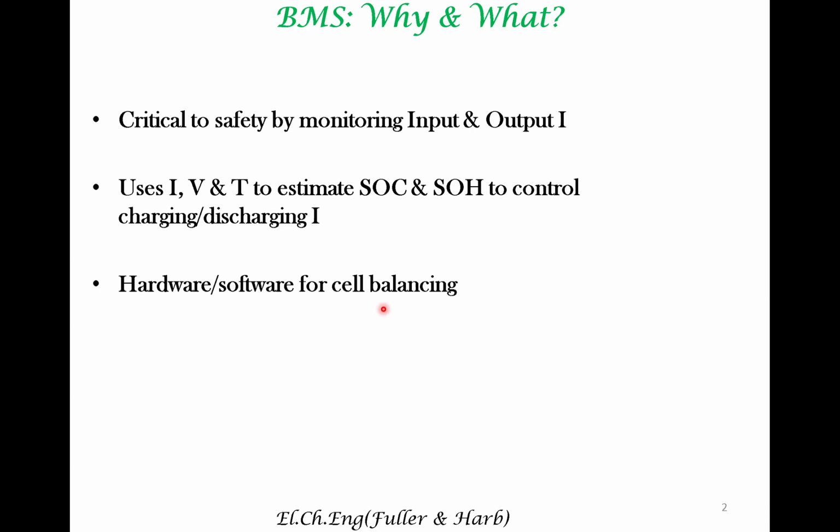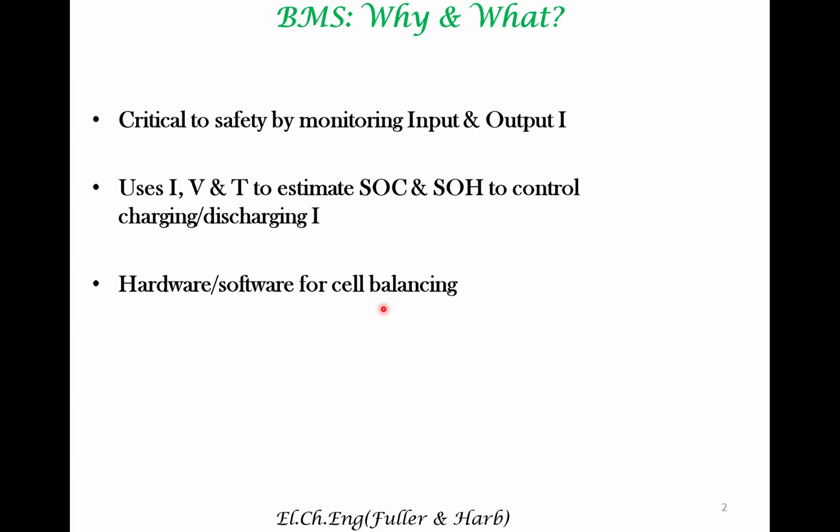So what we mean by cell balancing is that when many cells are in series, you want all the cells to have the same current. By electrical design, they are in series, therefore the same current passes through all the cells. So you want all these cells to have the same state of charge.